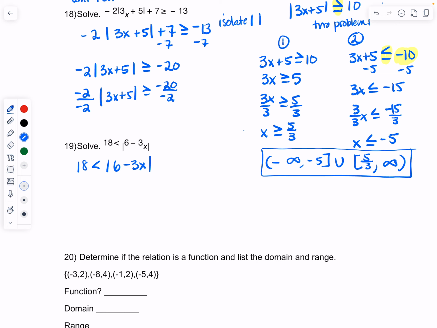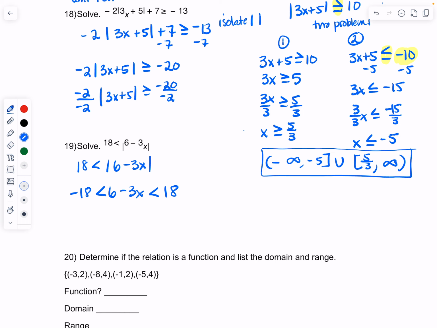I have the middle, which is 6 minus 3x, is less than, and we're going to put -18 here, and less than +18 here. The way this one was written up, usually it's written up backwards, but I'm going to do it this way, okay?